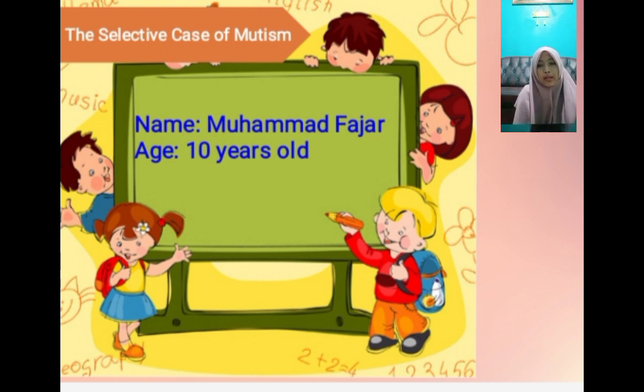This has a negative impact on him. Fajar does not have many friends because of that, and it is difficult in groups. He is lacking in active learning activities, gets bullied, and others.